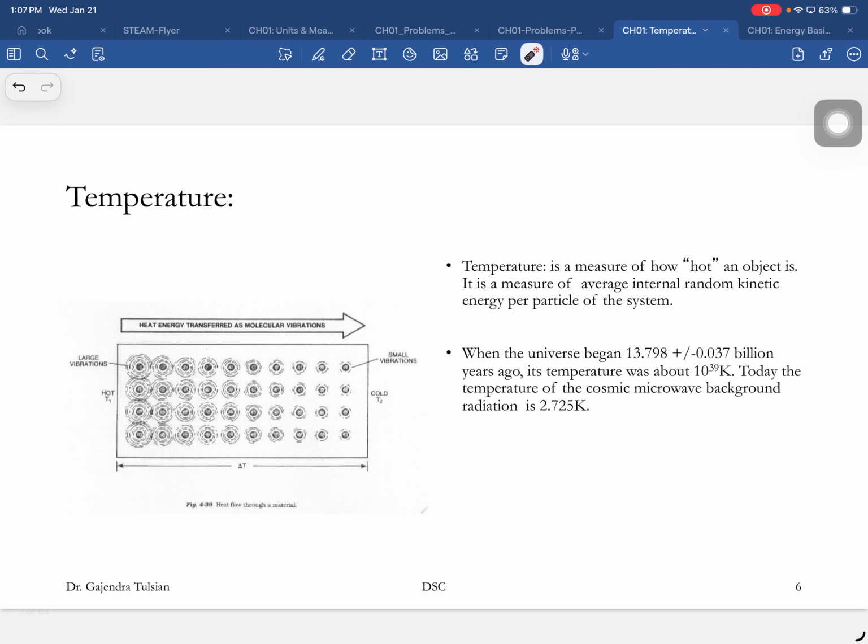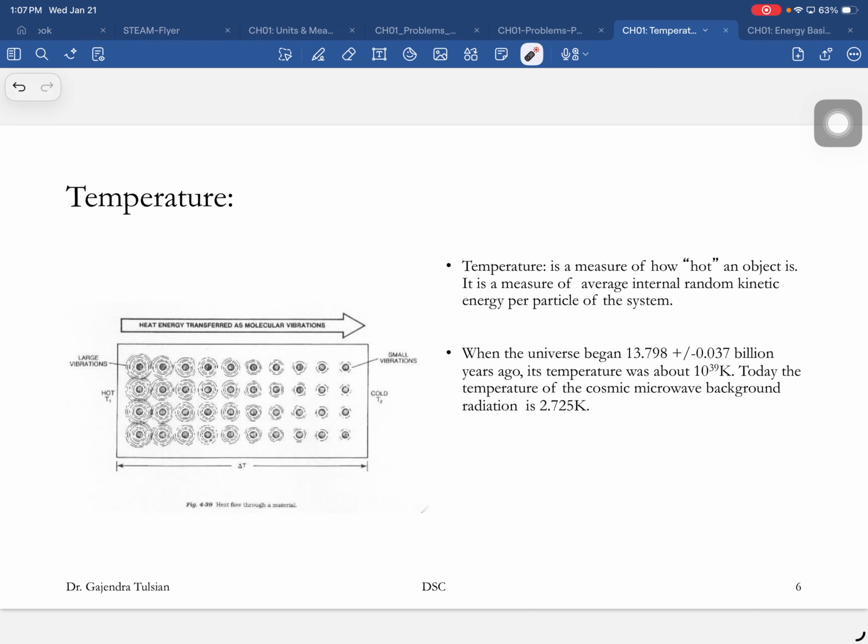Okay? So temperature is a measure of how hot an object is. It's a measure of average internal random kinetic energy per particle. All right, so let me elaborate on that.